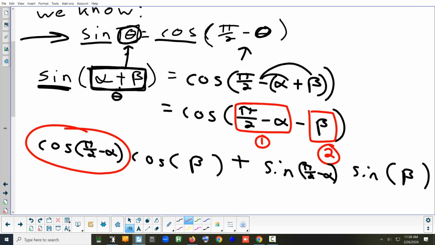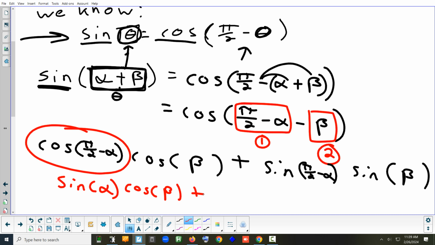That's sine. Whenever you have 90 minus an angle, you can just change it to the cofunction. Pi over 2 minus your angle is just the sine. Cosine beta, well, just cosine beta.